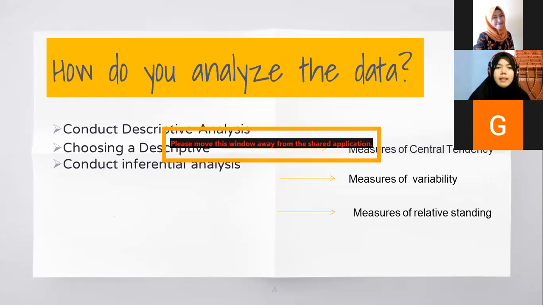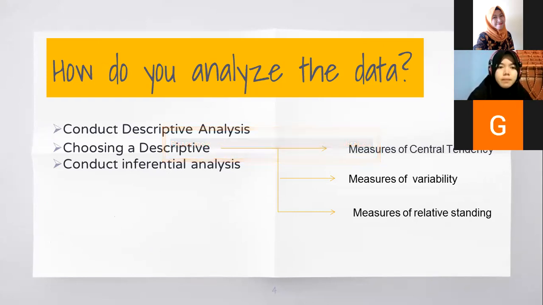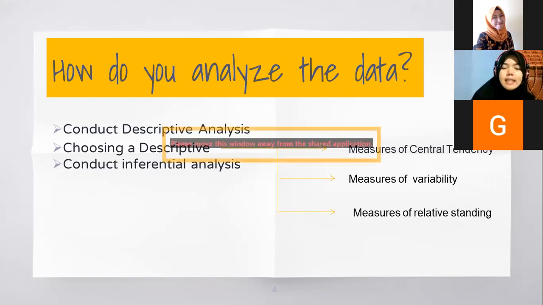Okay, the next subtopic is about how to analyze the data. After we collect the data, of course, we should analyze it to address one of our research questions or hypotheses. And in quantitative research, there are two ways to analyze the data.